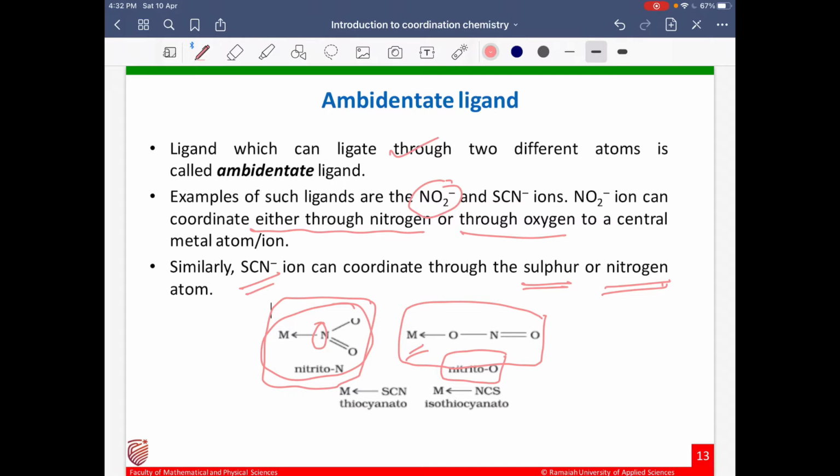For SCN-, if sulfur is the donor atom to the central metal atom or ion, then we call it thiocyanato. If N is the donor atom for the central metal atom M or ion, then we call it isothiocyanato.